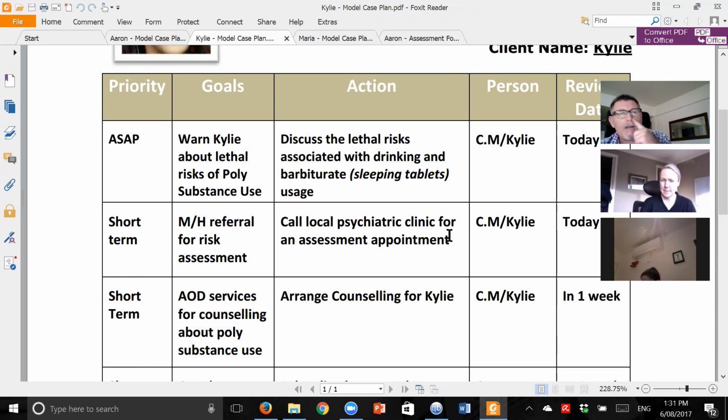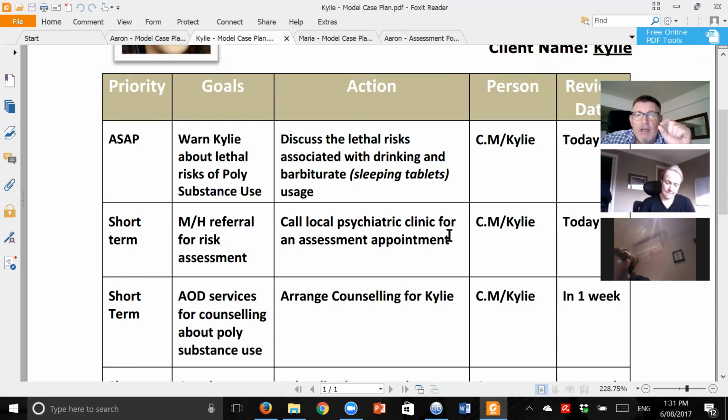Look at the difference between ASAP, Kylie needs to be warned about substance abuse, and short term, Kylie needs to be linked in with the psych support agency. We know there's a difference between those two.